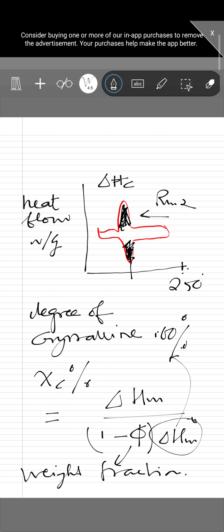So if all the material has melted, then the enthalpy required is delta Hm0.